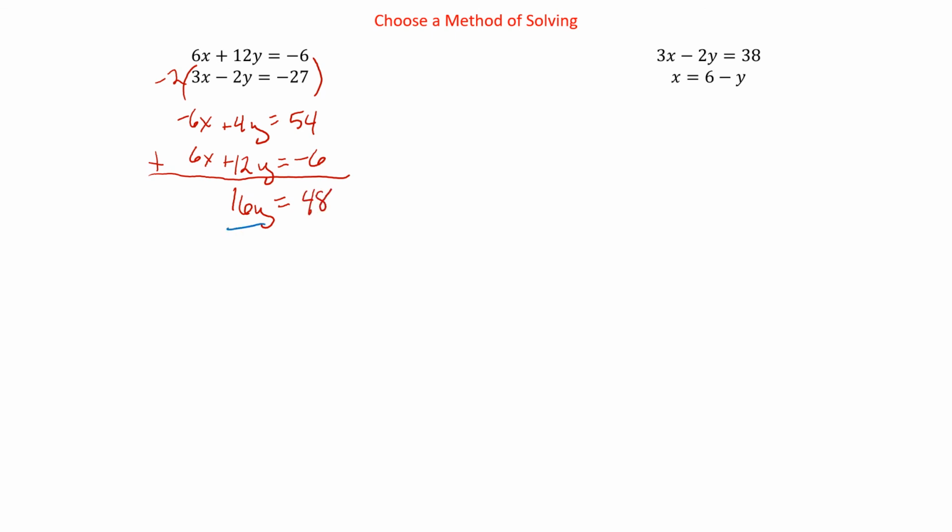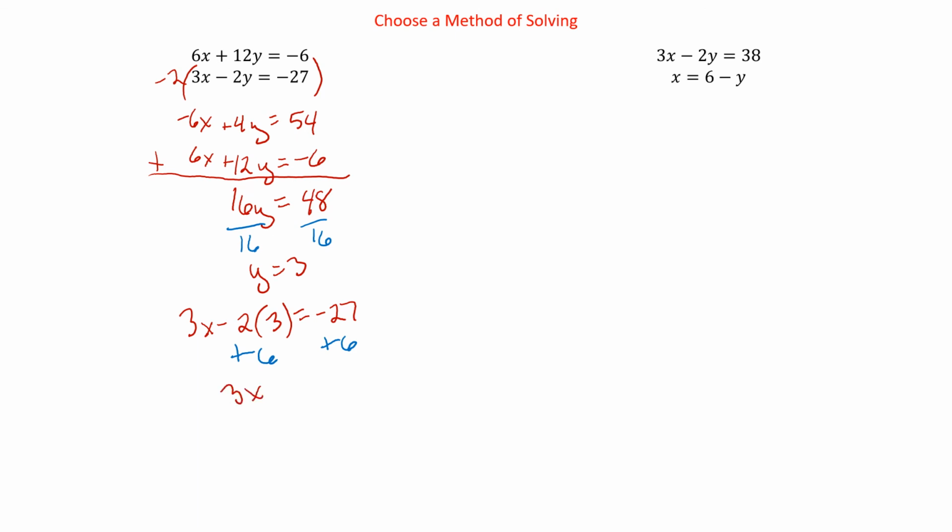We can divide by 16 to get y equals 3. Now we can plug that into any of the equations. I would choose that second equation because the numbers are just a little bit smaller. 3x minus 2 times y, which is 3, equals -27. 2 times 3 is 6, and it's minus 6, so we can add 6 to both sides.